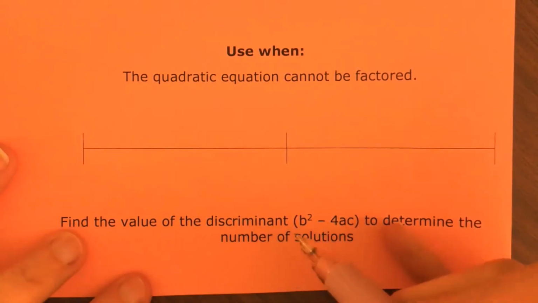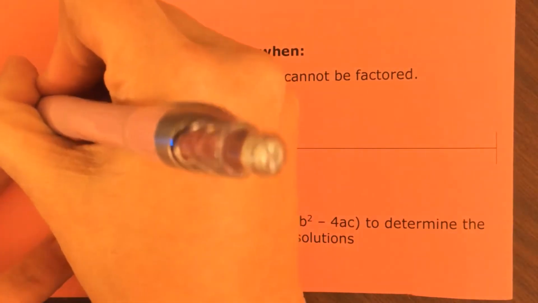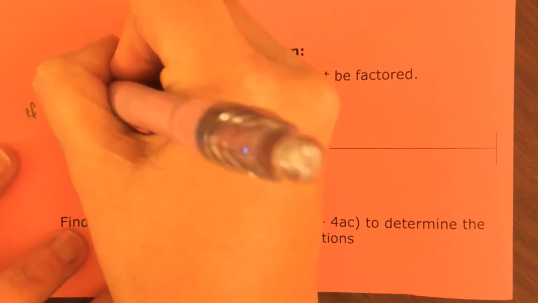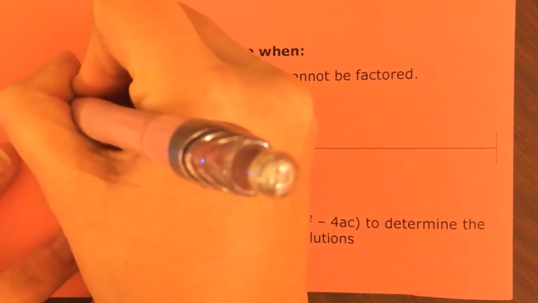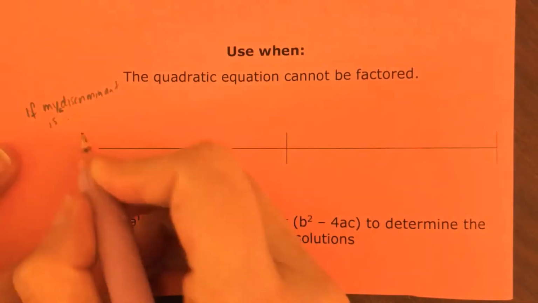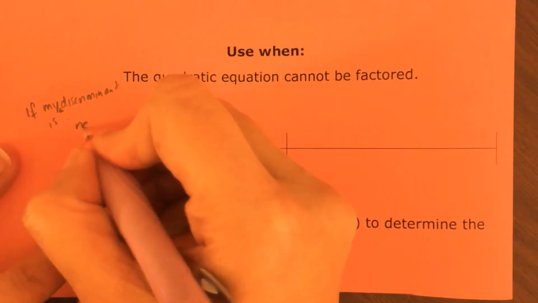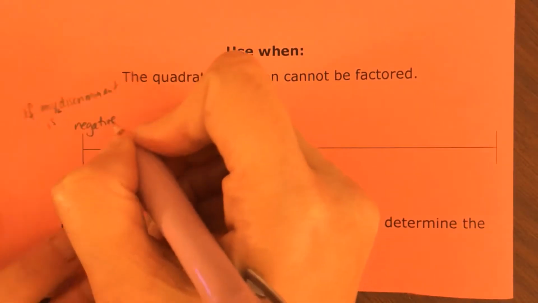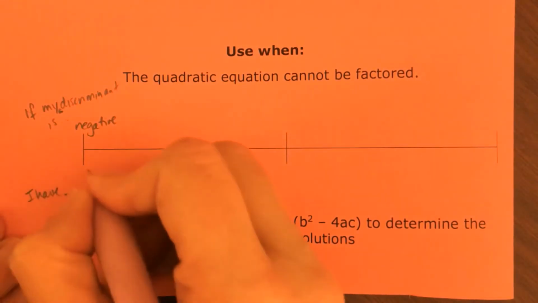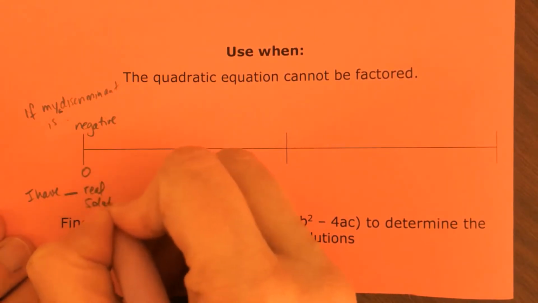So the discriminant tells us how many solutions we have. If my discriminant is negative, then I have 0 real solutions.